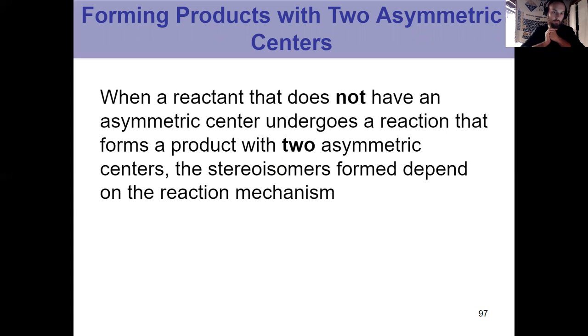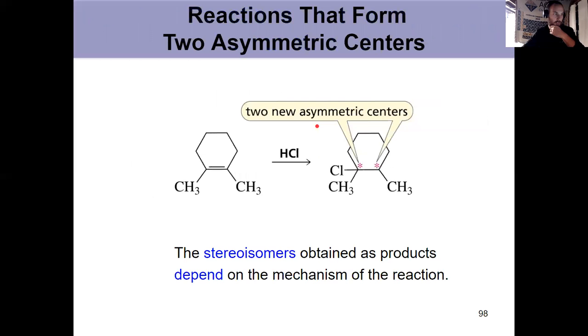If you go from 1 to 2, it's a pair of diastereomers. What we're talking about moving forward is going from 0 asymmetric centers to 2 new asymmetric centers, like right here. Addition of HCl to this alkene formed 2 brand new asymmetric centers. And the type of stereoisomers that we form depend, as I just said, on the mechanism.